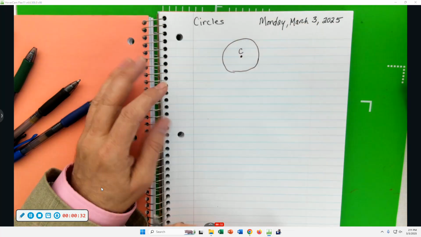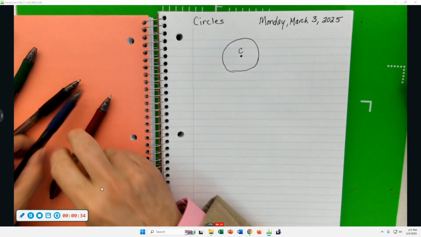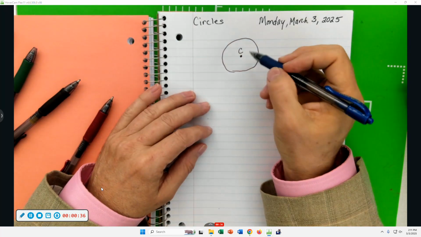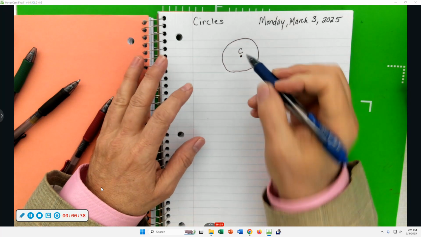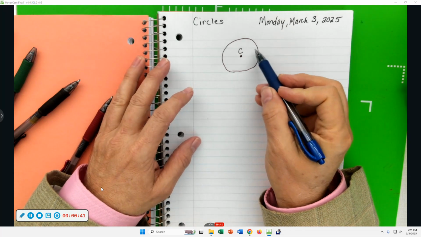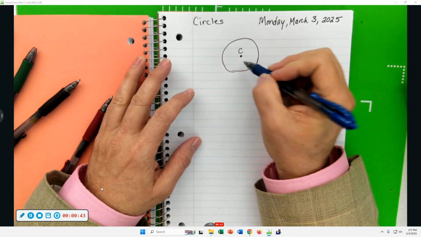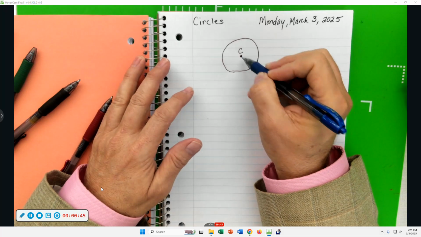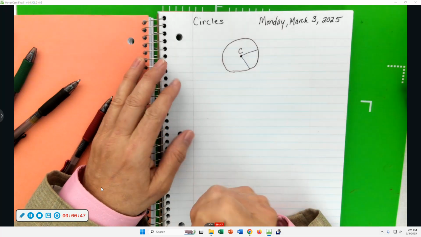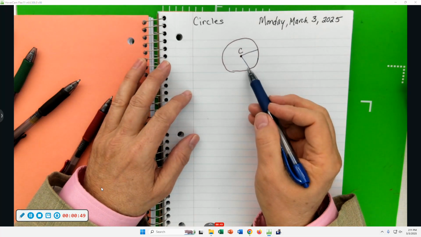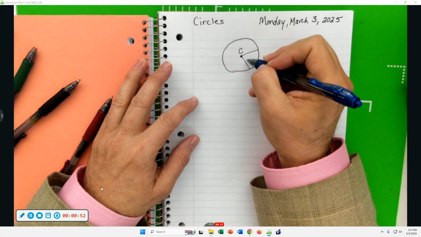I'll use a C for center. And the distance from the center to the outer edge in any direction is the same. That distance from the center to the outer edge is called the radius.